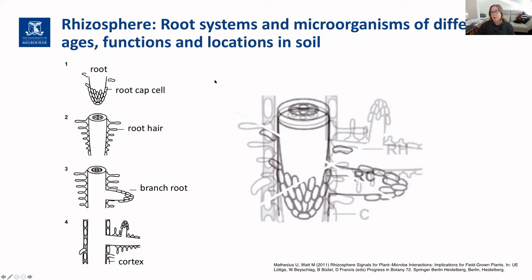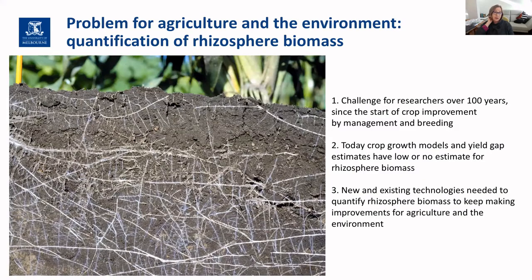And this is really the spatial and temporal complexity of what is in the rhizosphere, the root systems of every plant that we see outside, in natural systems and in managed agricultural systems. So really the biggest problem for agriculture and environmental sciences has been and continues to be the quantification of this rhizosphere biomass.